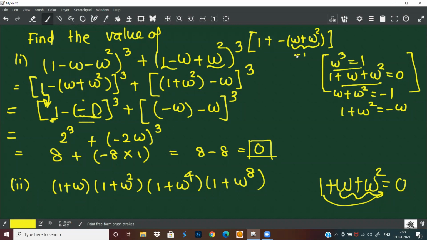So minus into minus will be plus, right? So this will be 2 cube. This is what I have written. Are you still unclear about it? This is the right way of writing, plus and minus together. Okay, understood. Good.